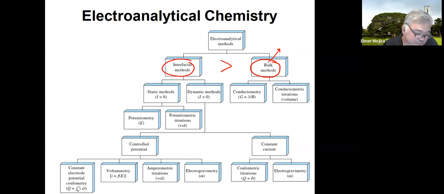So when we're talking about bulk methods, usually this is the one wherein it measures the property of the whole solution. So if you have a bulk method, it measures properties of the whole solution.